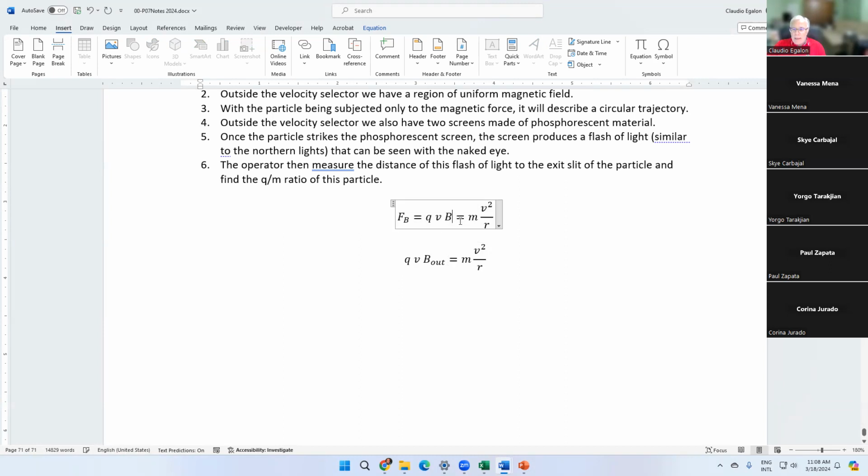The outer magnetic field doesn't have to be necessarily equal to the inner magnetic field, within the volume. The v here cancels out with the other v.